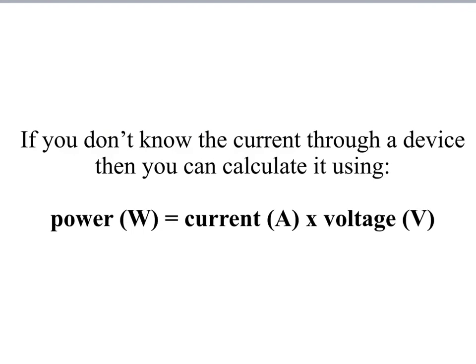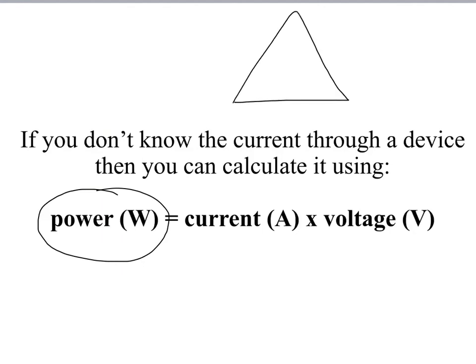Now that bit was easier because I gave you the current in the table. Now you don't always know the current flowing through the device. However, we know that our mains voltage is 230 volts, and often if you look on your electrical device, it will give you a power rating. So therefore, you can work out the current from that. If we use our triangle, it can make it a bit easier for us.